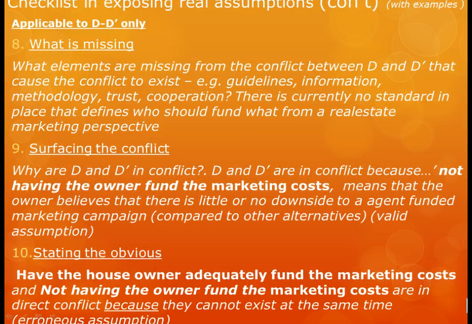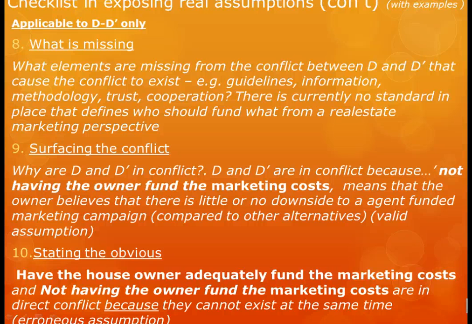When we move on to exposing the assumptions for the relationship between D and D prime, which is the conflict, there are three. The first one is to try and expose what's missing. What's being proposed here is that what's missing could be guidelines, information, a method, trust between one or two entities, or indeed cooperation.